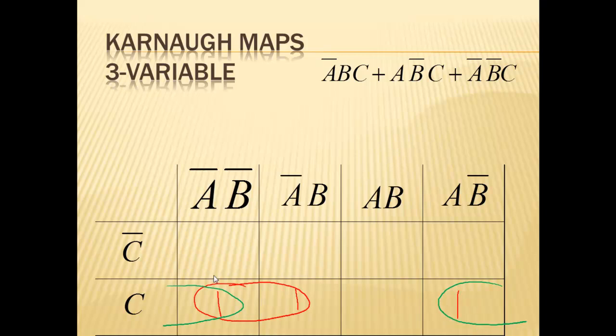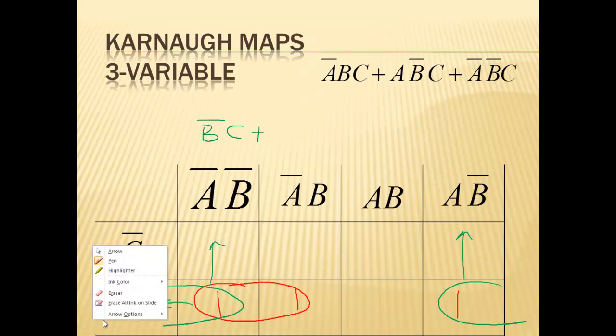So we've got the green group. Let's do that one first. If you look up, it's taken this column and this column. You've got an A naught, B naught, and an A, B naught. Well, the A and the A naught cancel each other out, so you're left with B naught. And the green one, so we're going to look over here. We've got a C. That's all we got for that group, so do an OR.